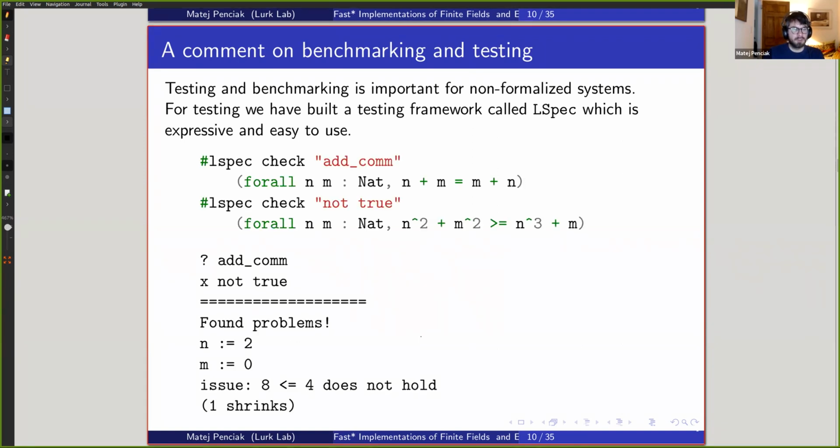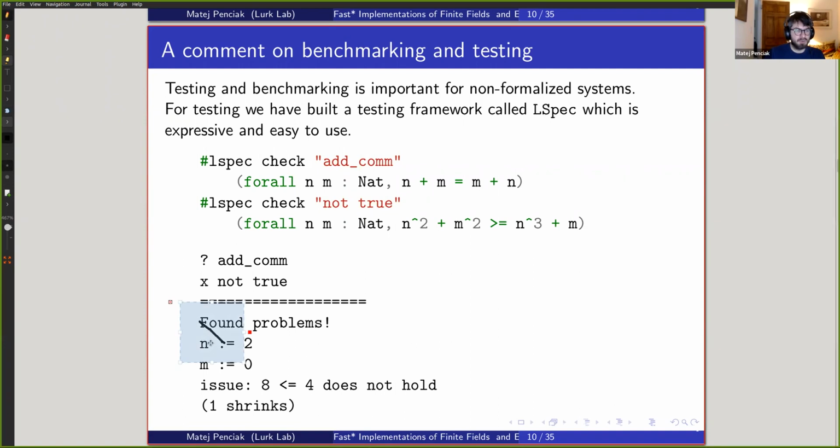For example, you can write things out like check whether AddCom is true for Nats, and it'll try a bunch of different natural numbers and test if it works. Or you can check some statement that's not true, and it'll test random numbers and eventually find some counterexample if the fact isn't true.